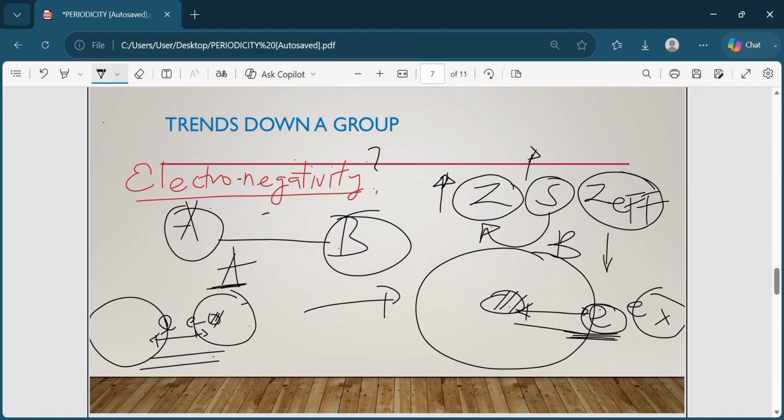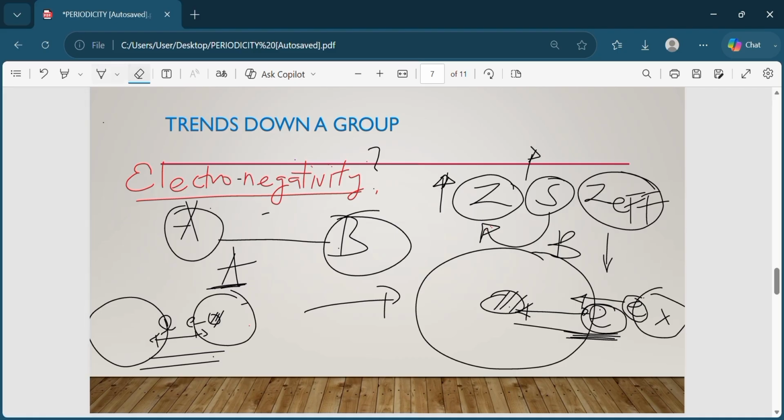The energy used to attract this electron is so much lower. So electronegativity will be seen to decrease from atom to atom, specifically down a group. As simple as that. So that is my final verdict as far as the trends down a group and across a period are concerned.